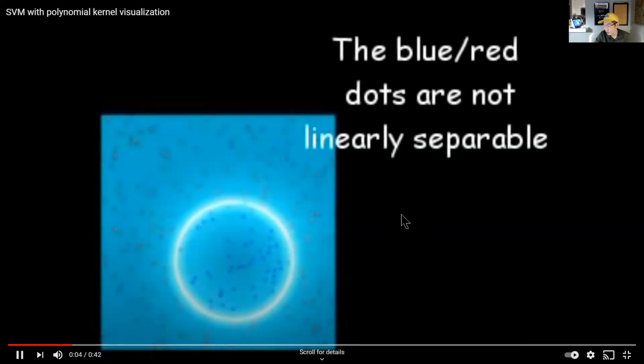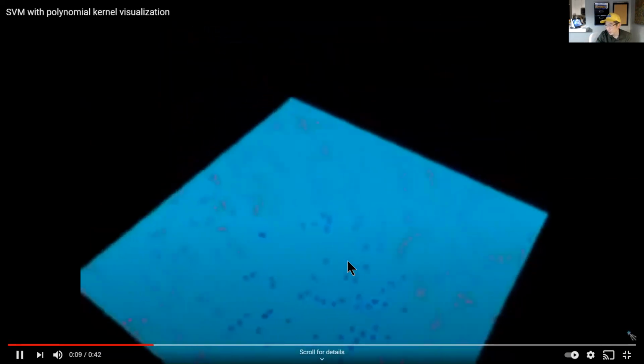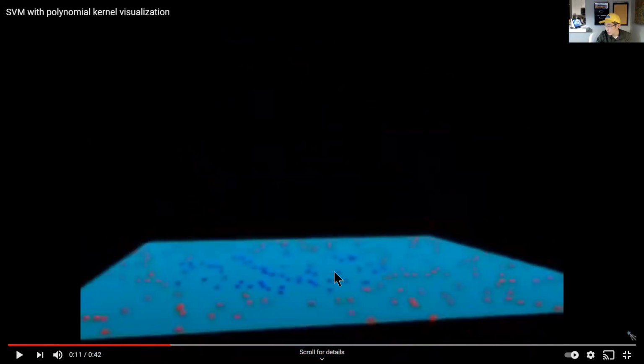So what we do is use a polynomial kernel, much like the one I've used, where we take this two-dimensional data and project it into 3D, okay? So here's the 2D data, and we're going to preserve where x1 and x2 are, but the dots themselves are going to get projected to x1 squared plus x2 squared.